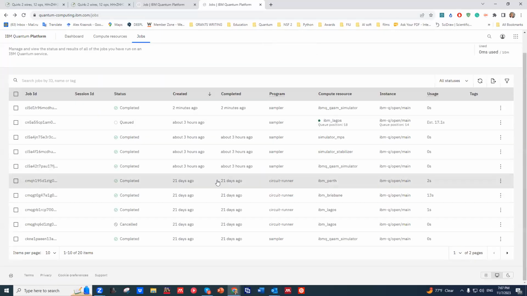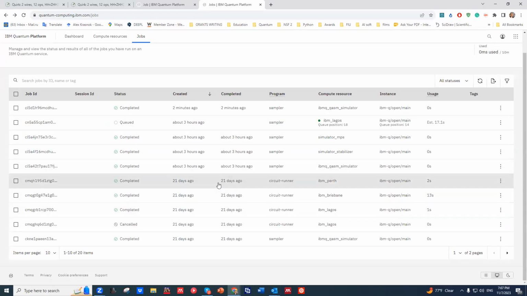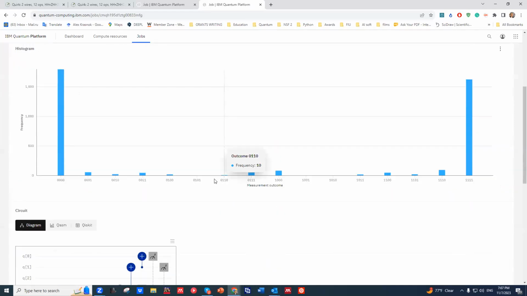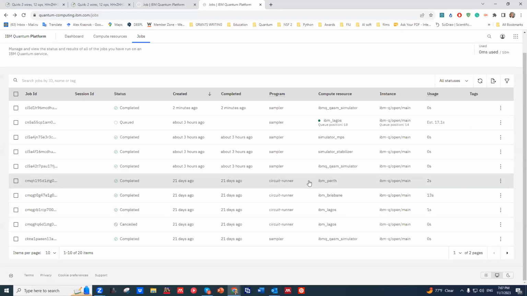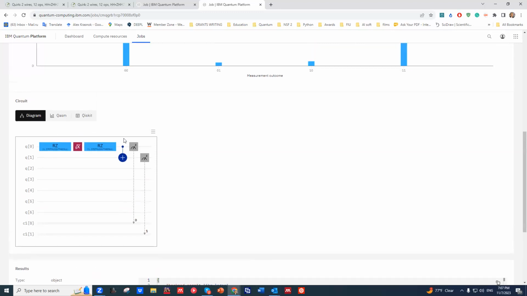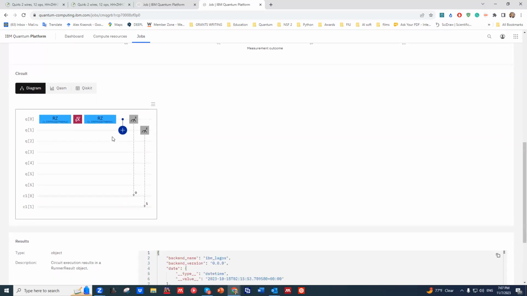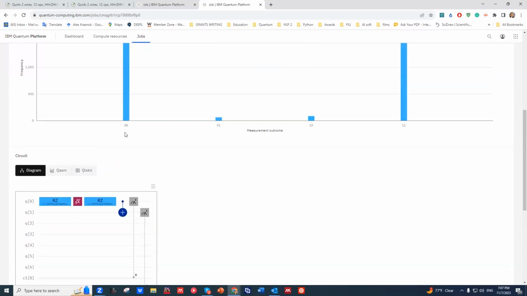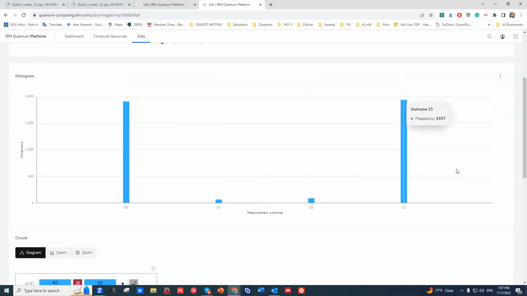No, something else. So one second, probably this one. Yeah, so this is the 2-qubit circuit, right, with the Hadamard gate here and the control X gate, and here is the result of the simulation. We discussed that last time.